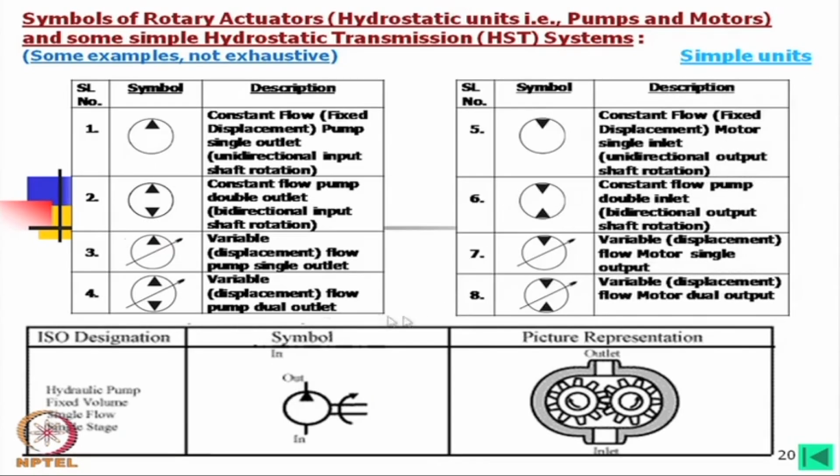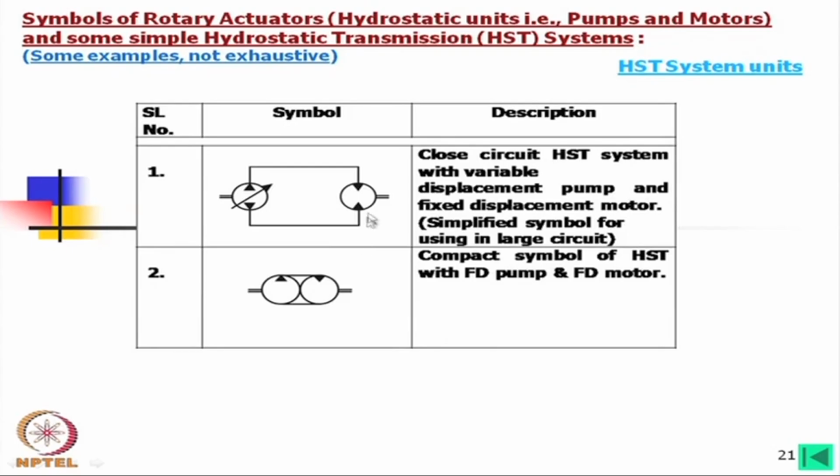Now, the motor is just the reverse, the arrows are put in the opposite directions and other designations remain the same. This is a motor, arrow going out means pump, arrow going inside means motor, hydraulic motor. Now, very often we use this term HST, that is hydrostatic transmission.